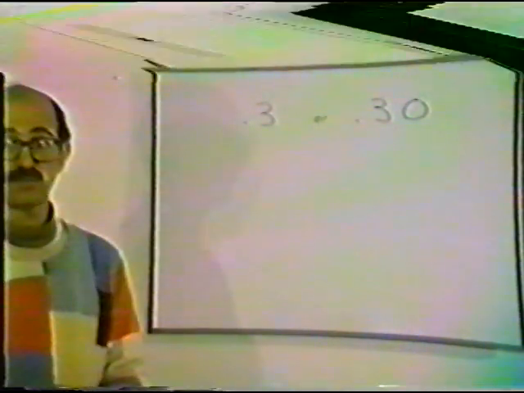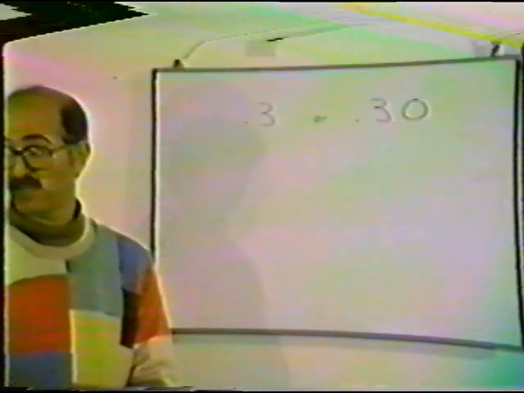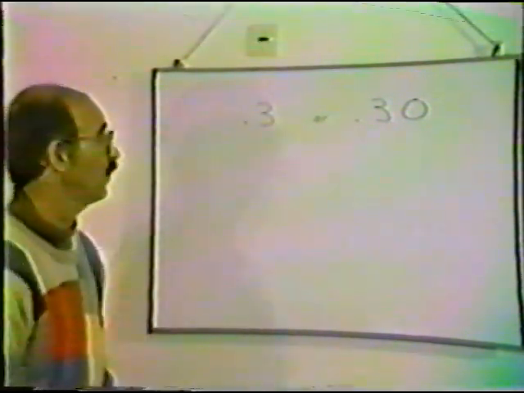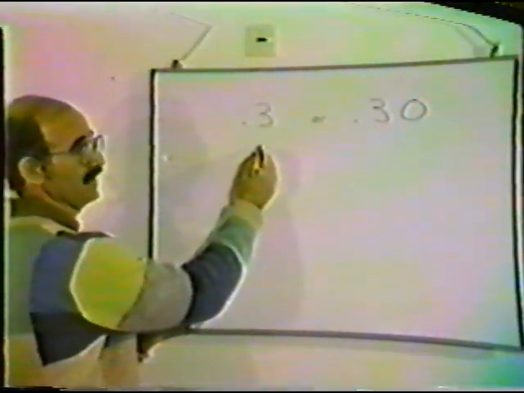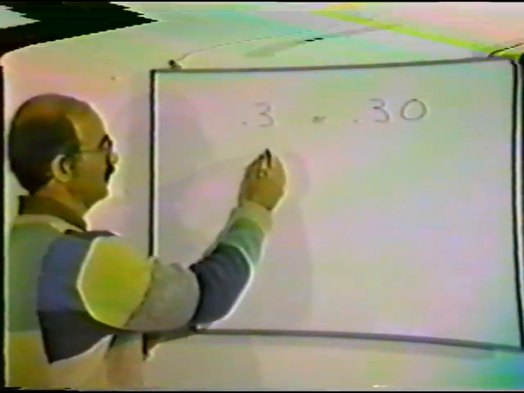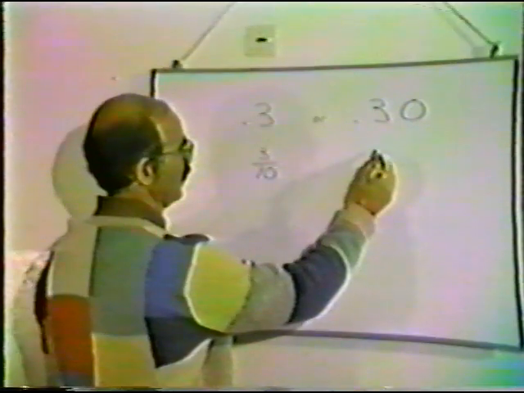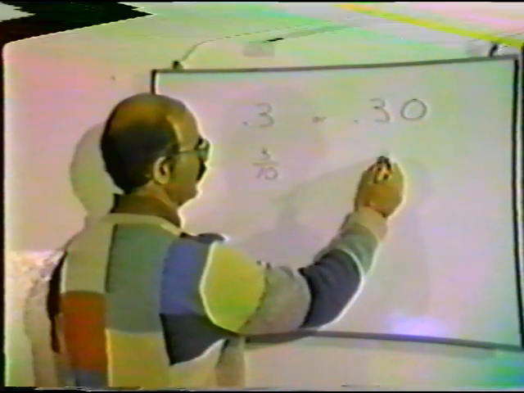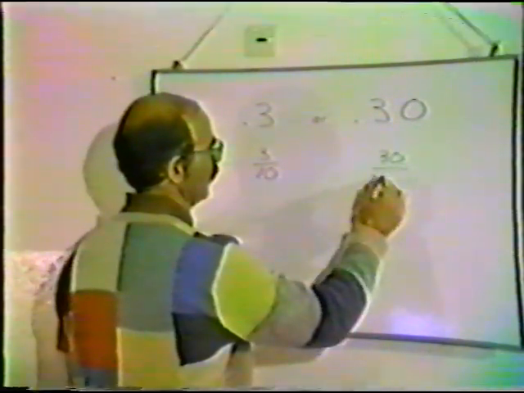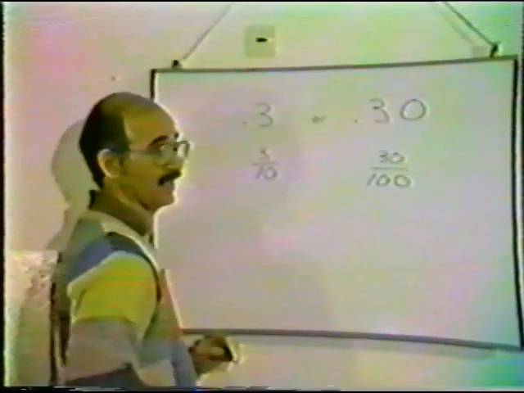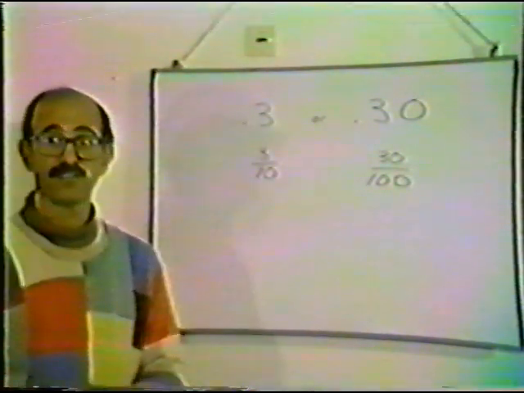First thing we should do is read them. What does this one say? 3/10. And what does this one say? 30/100. Which one do you think is the larger?